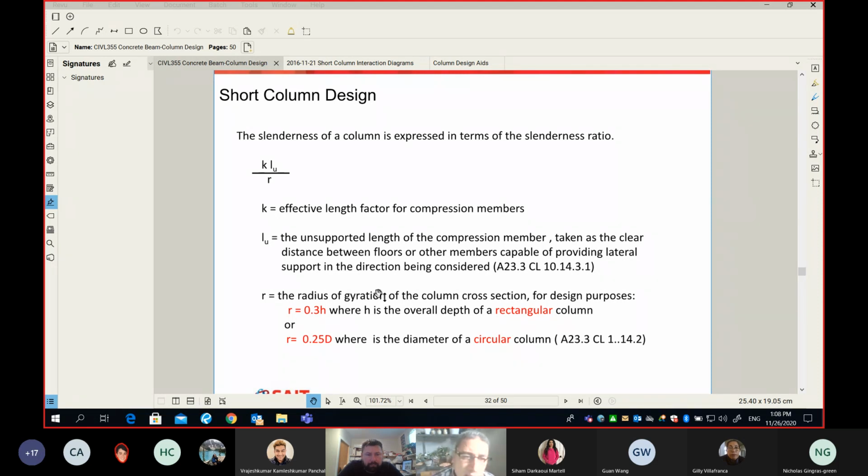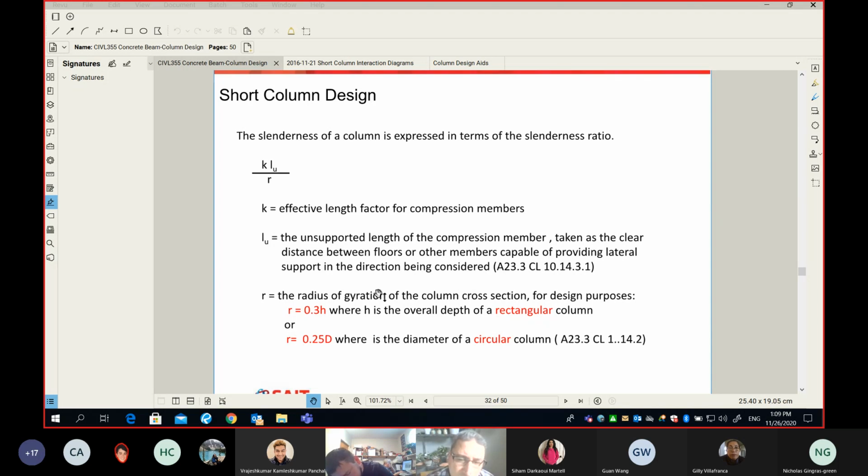If lambda is large, then the column is more slender, and because it's more slender, it's more prone to buckling. So when we design this column, we reduce the stress on the column. That's how we deal with buckling. The more slender the column, the less stress we use for its design.